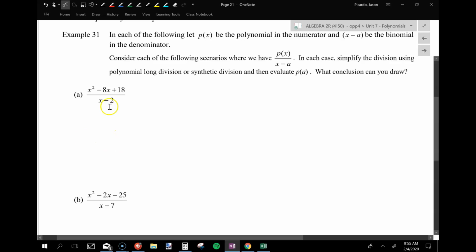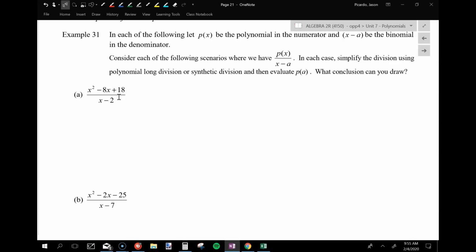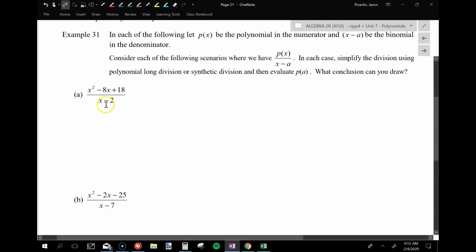So what is the root of the denominator? x minus 2 equals 0. So this says x minus 2, right? I'm looking for the root of x minus 2. 2, yeah. Yep. And again, that is the root of x minus 2.